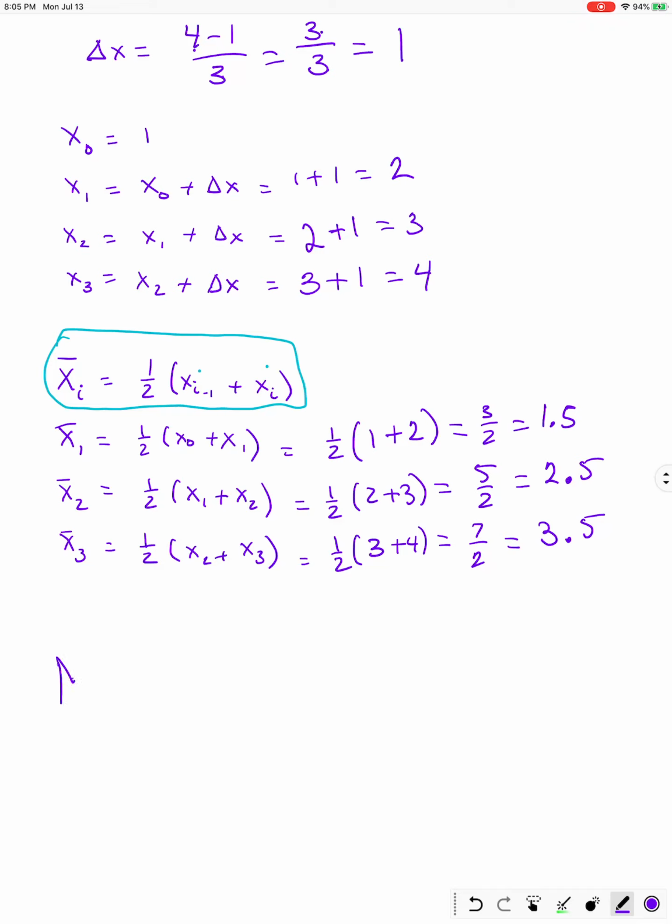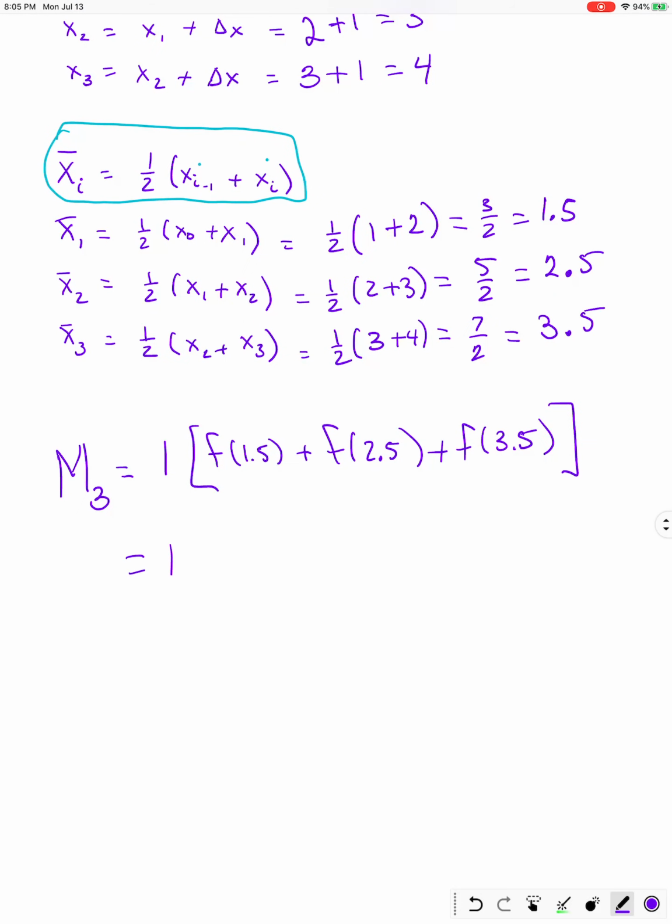So when I'm writing this out, then my M sub 3 is equal to delta x, which is 1, times f of 1.5 plus f of 2.5 plus f of 3.5, and I add all those together. So f of 1.5 is 1.5 squared, and f of 2.5 is 2.5 squared, because I'm putting those values into my function, and then 3.5 squared.